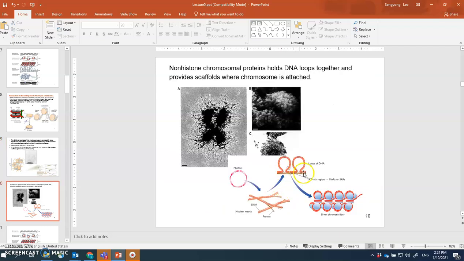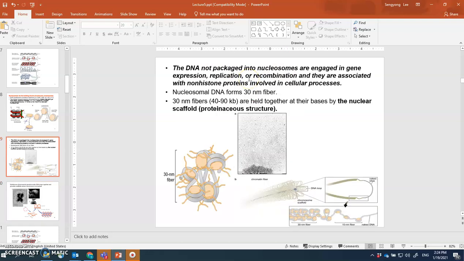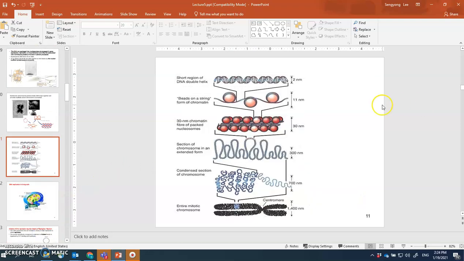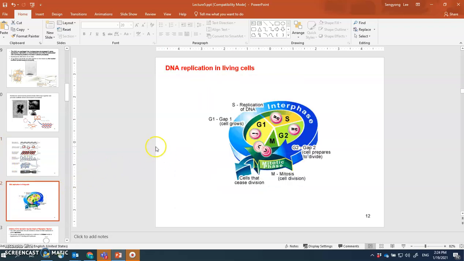There you go, there's a scaffold protein, nucleosome binding with the scaffold proteins. Those are non-histone proteins holding the DNA looped together, and those are scaffolds. So it's a very complex structure, making DNA into a very condensed form. That's what you need to understand. That's the general introduction about the chromosomal structure found in the cell.